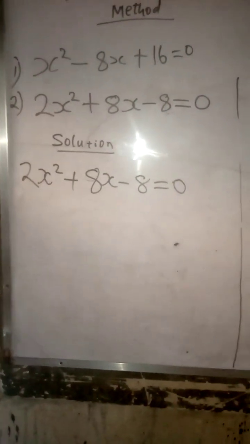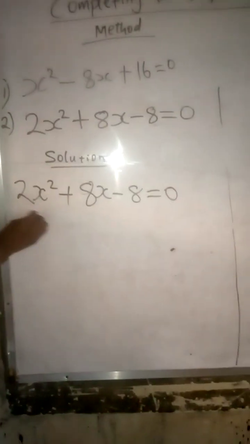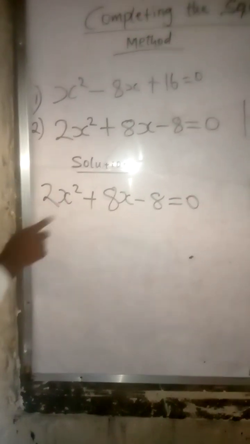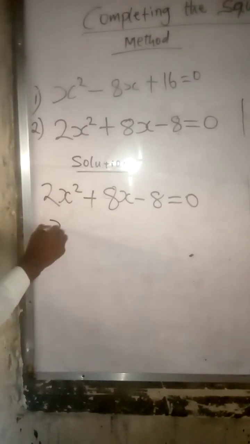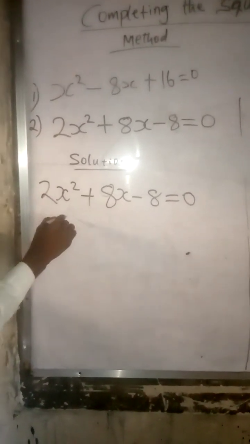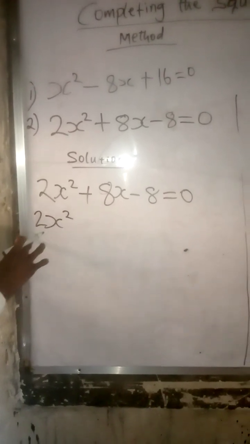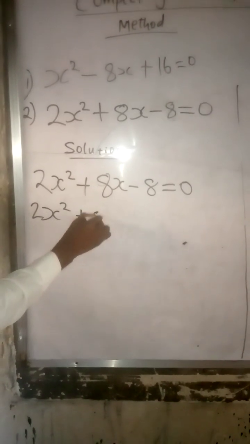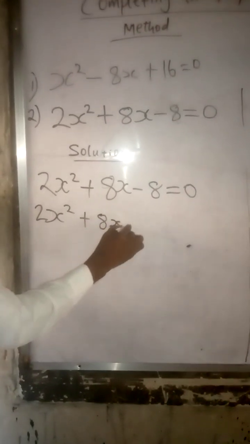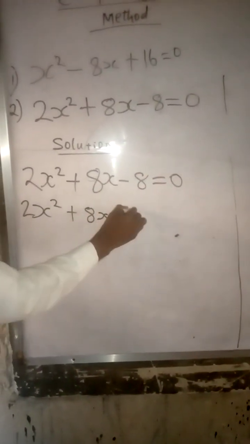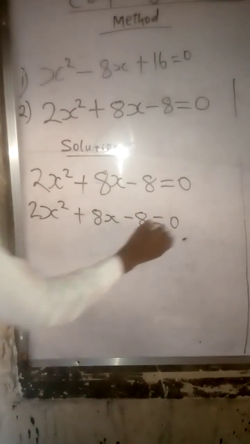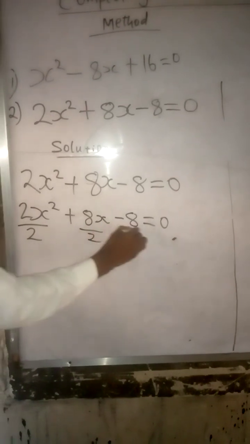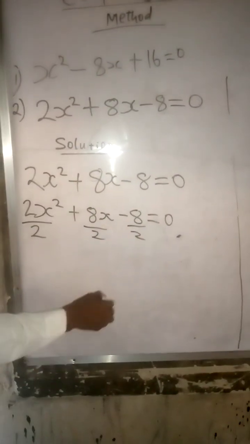Like I said earlier, if you're having a case like this, you make sure the coefficient of x squared is divided all through to make x squared stand alone. So let's divide by the coefficient of x squared now.